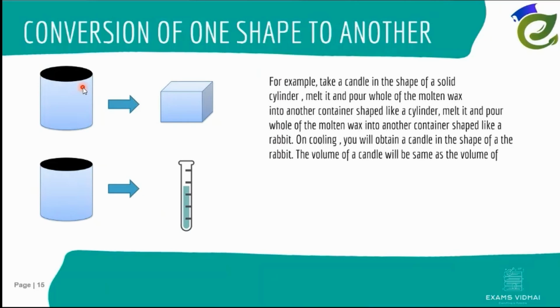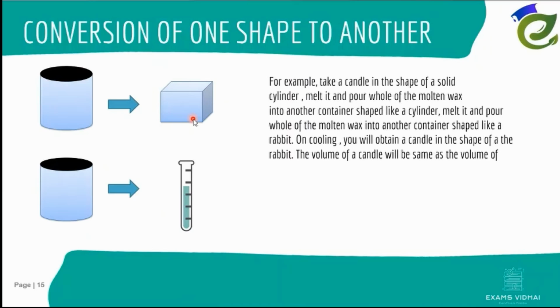So similarly, if a candle is in the shape of a cylinder and later while melting it's placed in a cube shaped object, then the wax acquires the shape of the cube upon cooling. Or if an object in the shape of a rabbit is present, then the candle will obtain the shape of the rabbit.